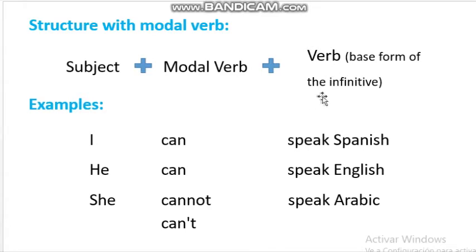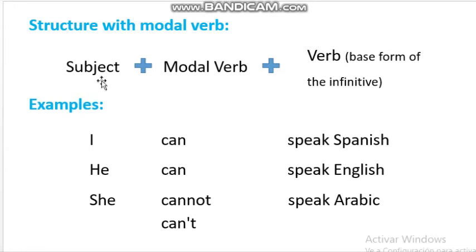We don't say to go, to see. We just use the verb without to. And modals are not conjugated. We don't add s in the third person, as we are going to see in the next examples.